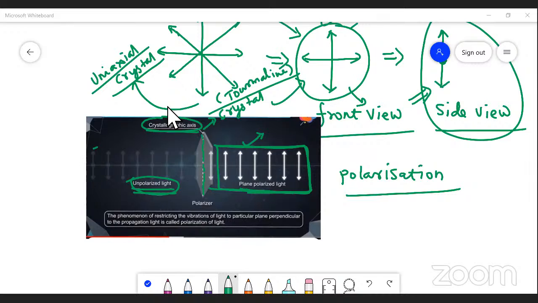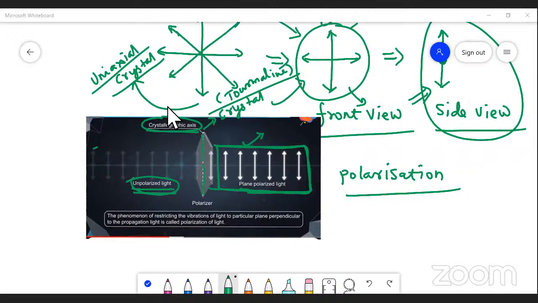Can anybody say what is meant by polarization? Sri Priyadarshini, Sanmugapriya, hello.